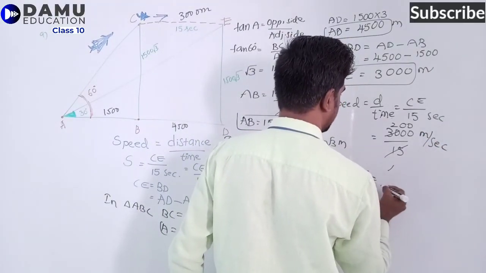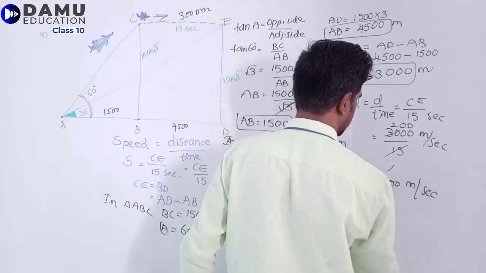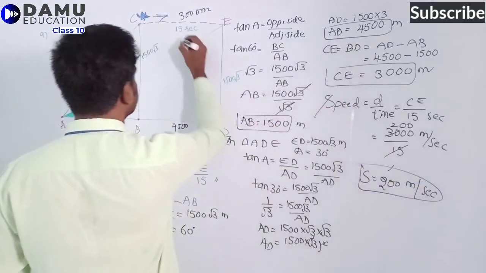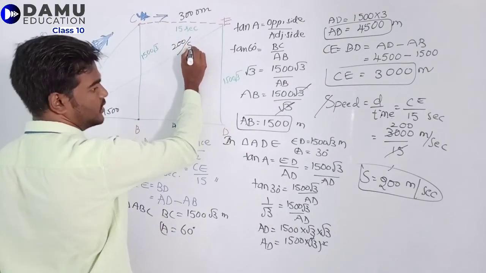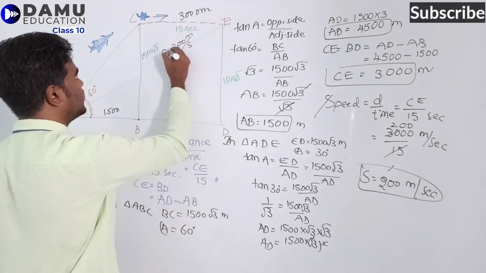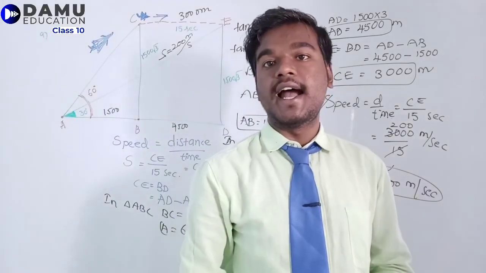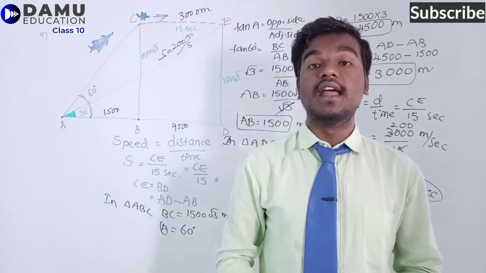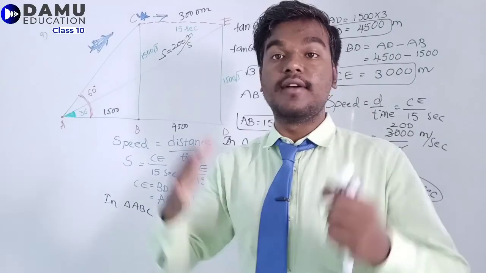So the jet plane traveled with a constant speed of 200 meters per second, covering a distance of 3000 meters in 15 seconds from C to E.